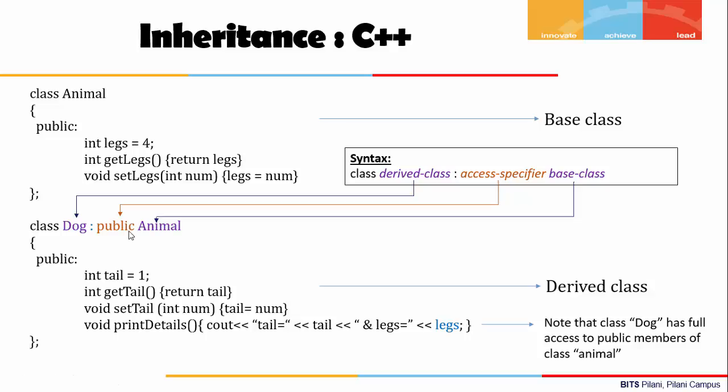The functions also will be inherited. Thus a dog object can access these functions, get legs and set legs, from the animal class. And we can also add features specific to the dog. So suppose here we have added these functions. They are specific to this derived class, and then we can use print details.